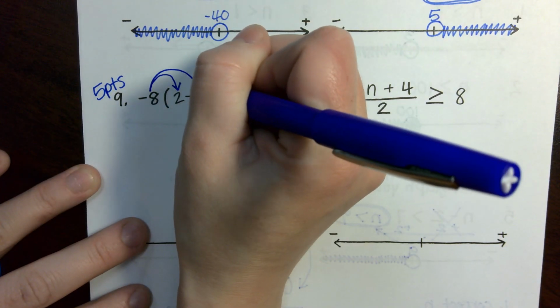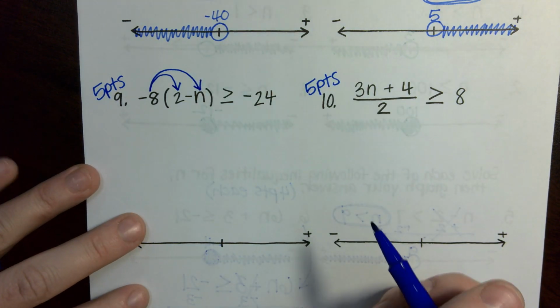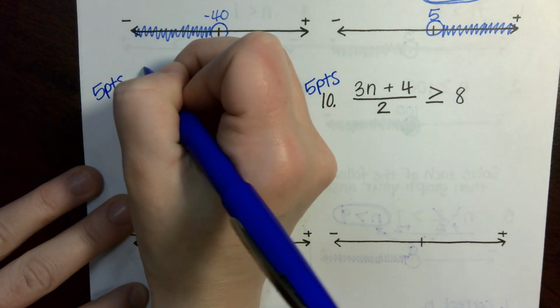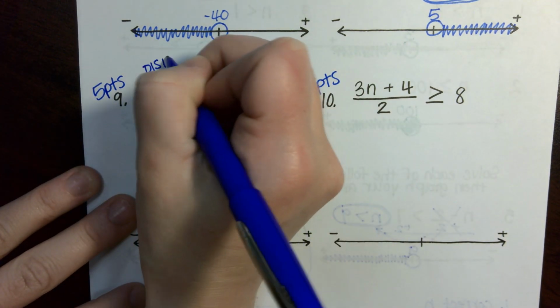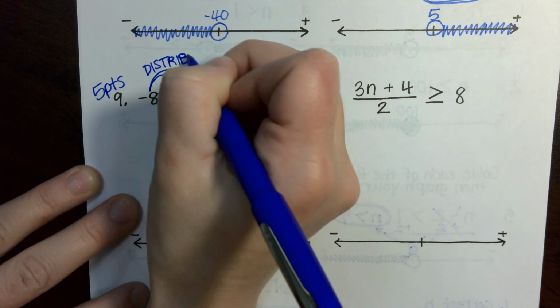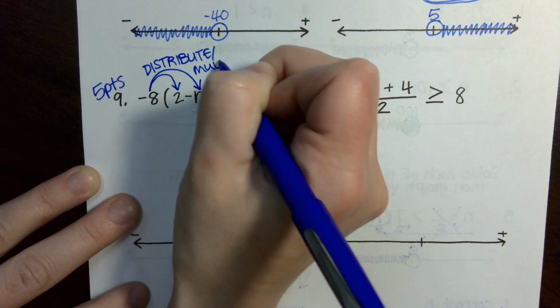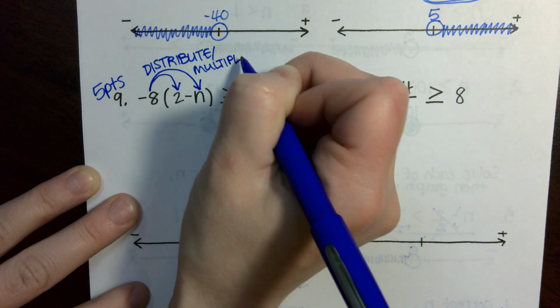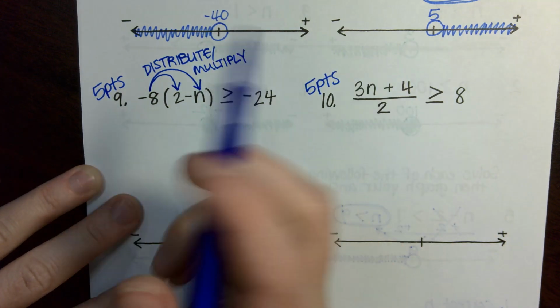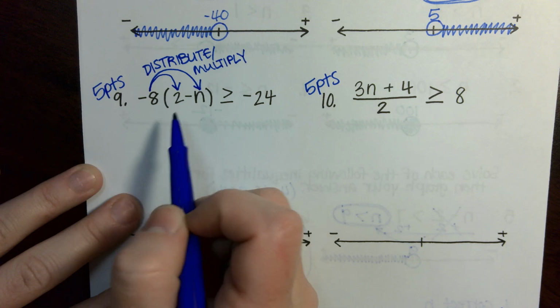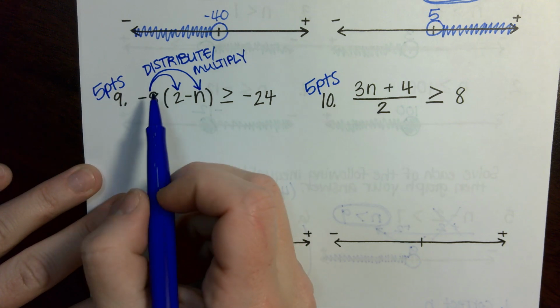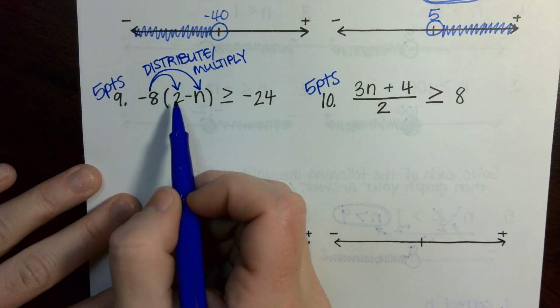Now, when you are distributing, what operation are we doing? Multiplication. So distribute, multiply. So let's multiply each of these terms by -8. What is -8 times 2?